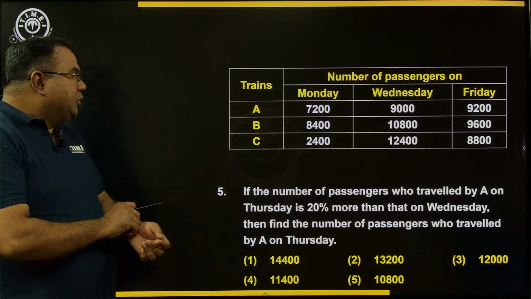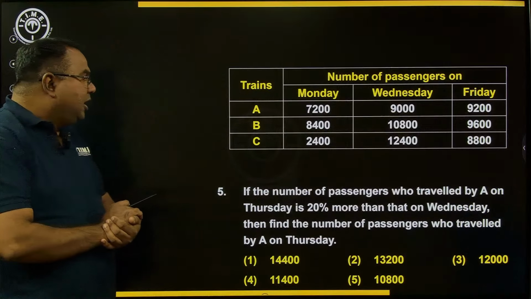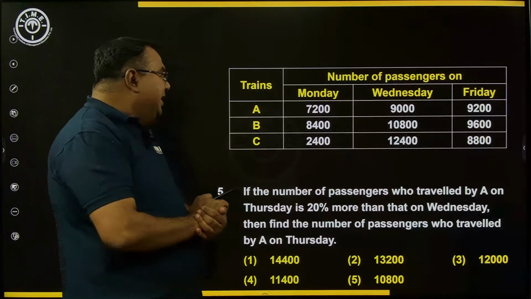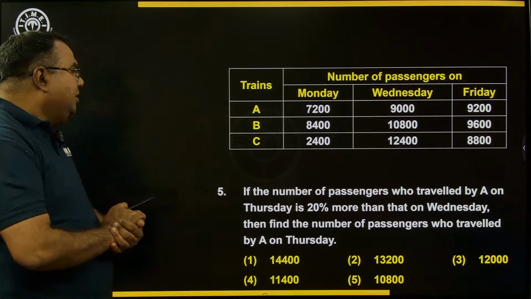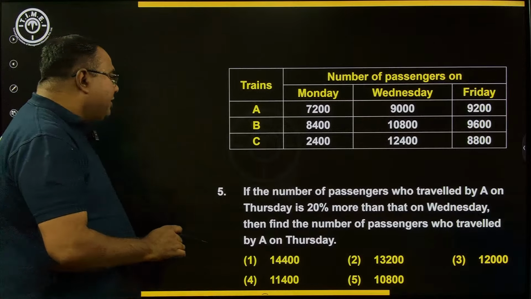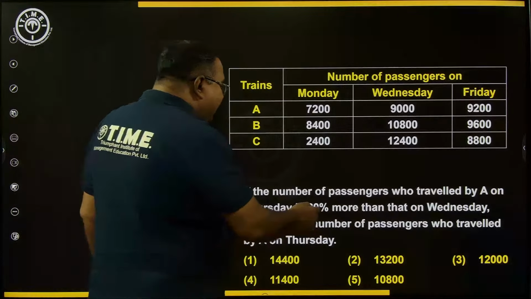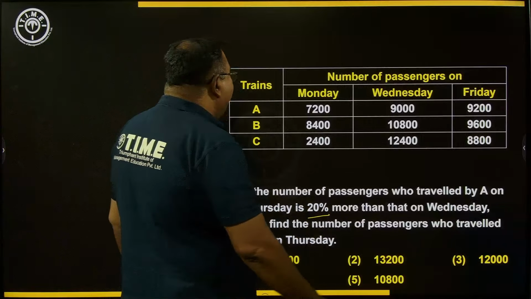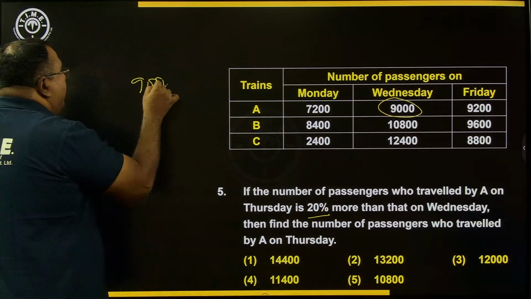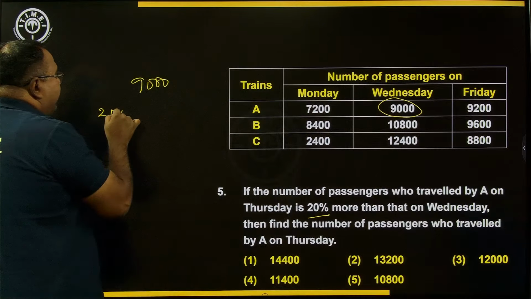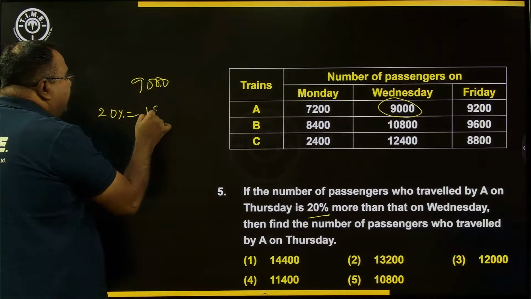The number of passengers who traveled by A on Thursday is 20% more than Wednesday. Find the number of passengers who traveled by A on Thursday. A on Wednesday is 9,000. 20% more: 10% is 900, 20% is 1,800.